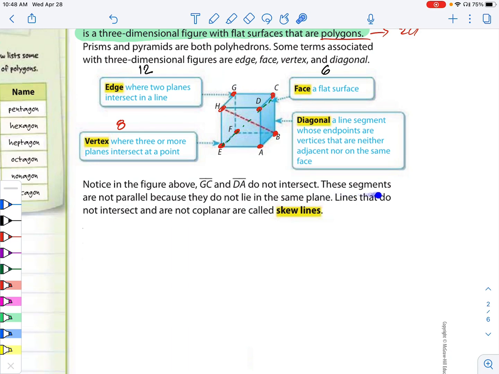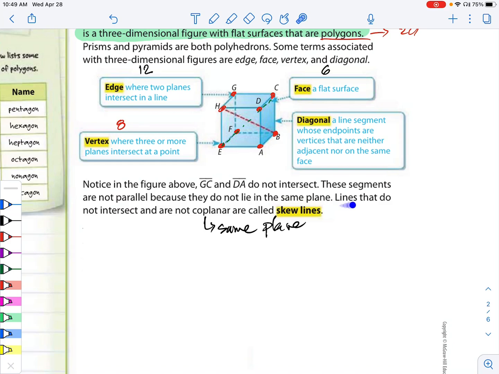So these segments are not parallel because they do not lie in the same plane. Lines that do not intersect and are not coplanar, and coplanar simply means they lie on the same plane.